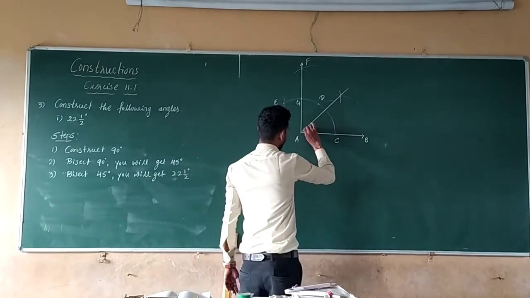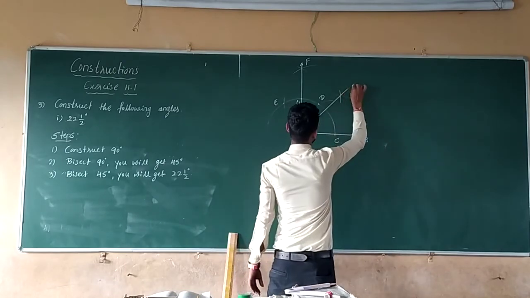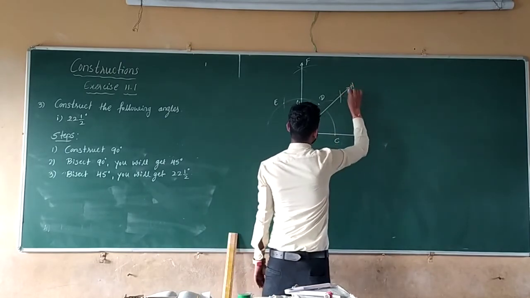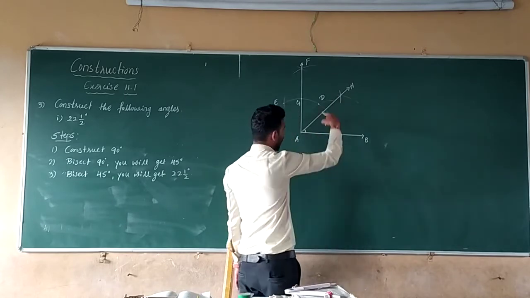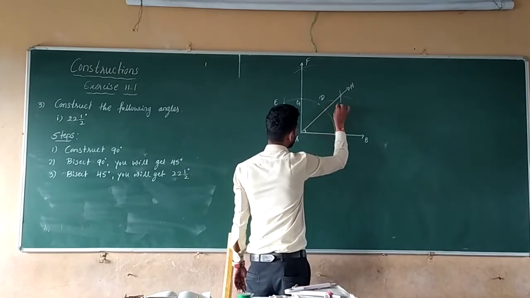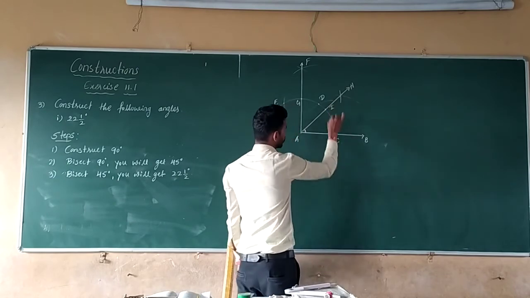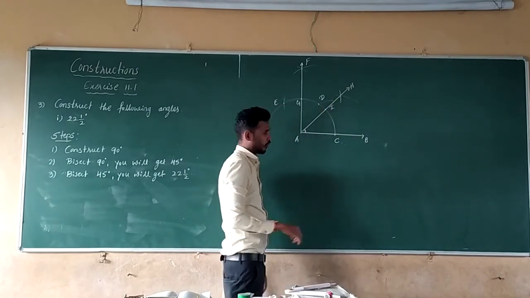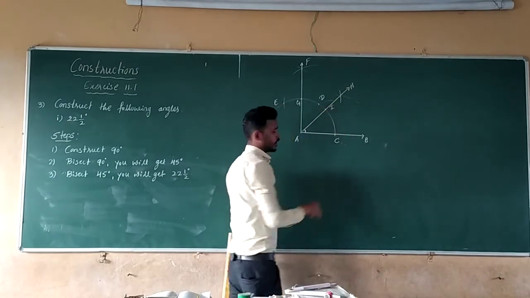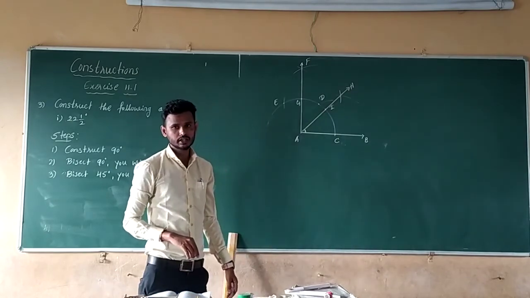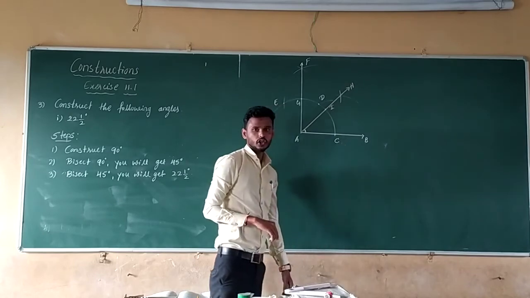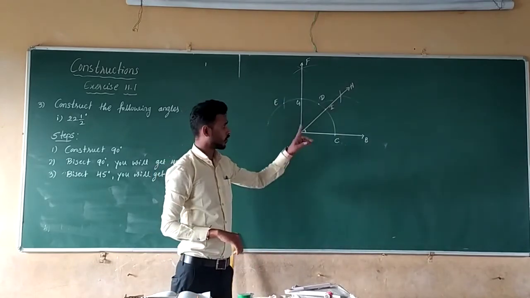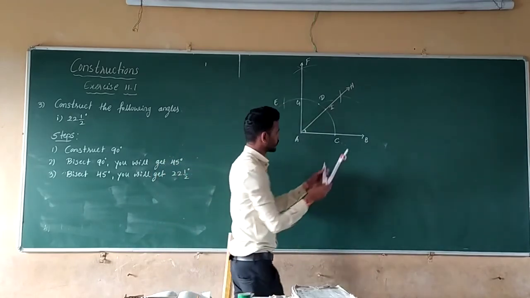So what are the two rays of this angle? Take this one as H. The two rays of this angle are AB and AH. And the arc is here. Take this point as I. So CI is the arc. Now with C and I as centers, taking more than half of the length of CI as a radius, draw the two arcs.